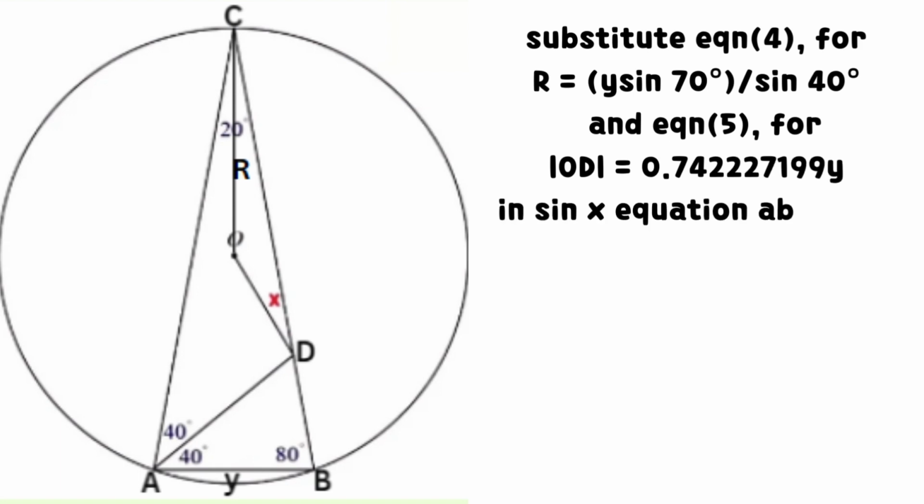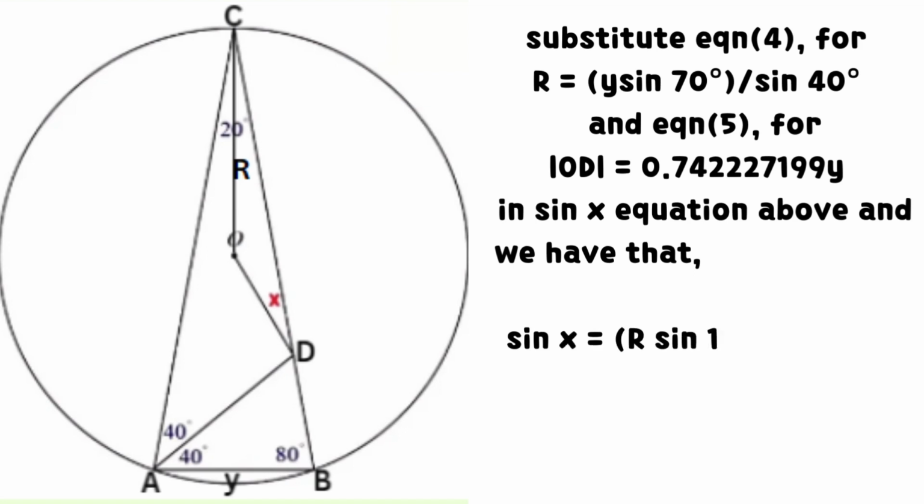Substitute the value of equation 4 for r and equation 5 for line OD, respectively, in the sin x equation above. We have the equation in sin x as shown on the screen.